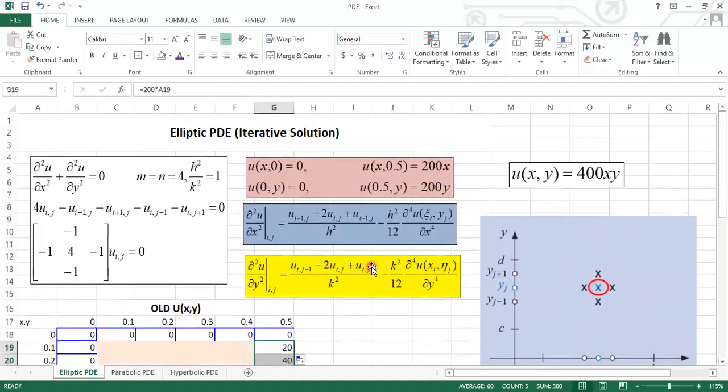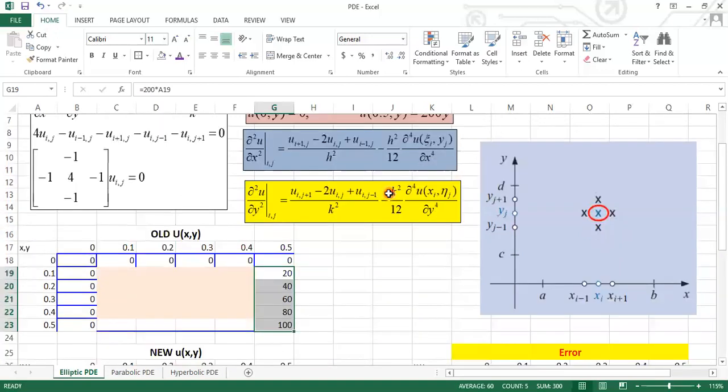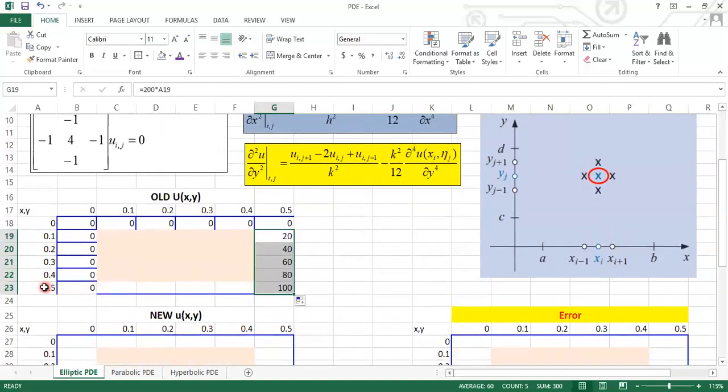And now the lower boundary, where x is changing and y is fixed. So u(x,0.5), when the y value is 0.5, is 200x. So this will mark the y value 0.5.